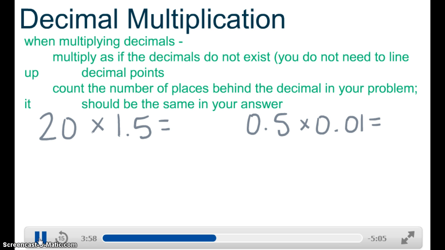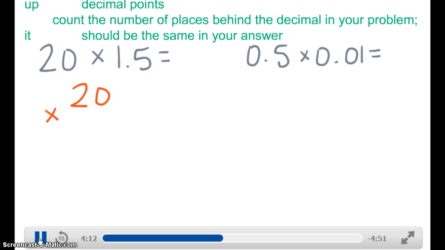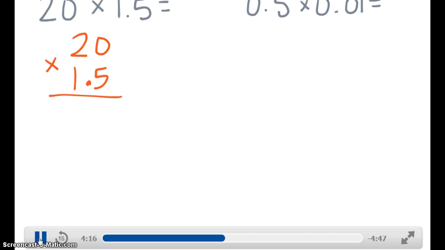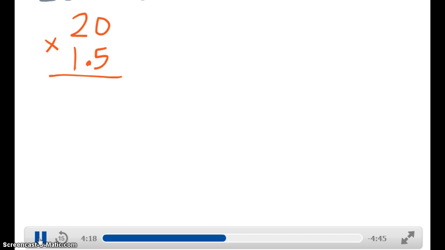Alright, now let's talk decimal multiplication. When multiplying decimals, pretend that your decimals don't exist. You don't have to line up your decimal points. So here I have 20 times 1 and 5/10. Notice I did not line up my decimal points. 5 times 0, 5 times 2, placeholder 0, 1 times 0, 1 times 2.